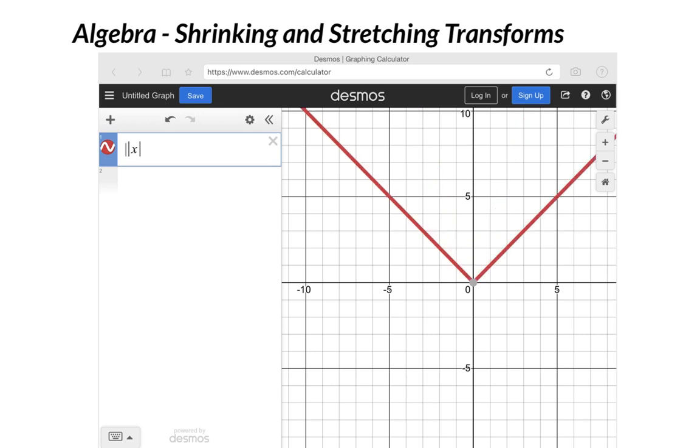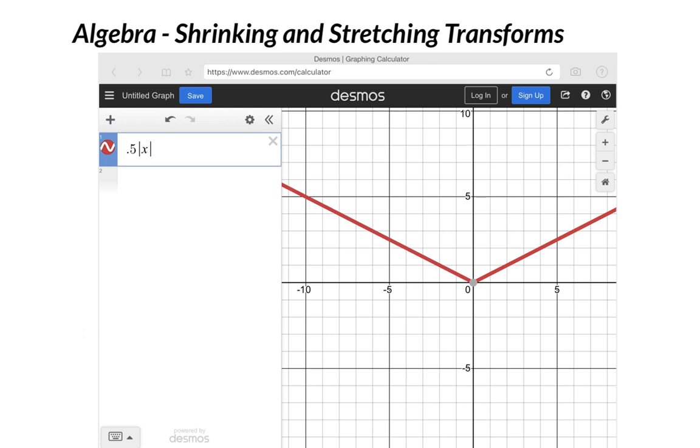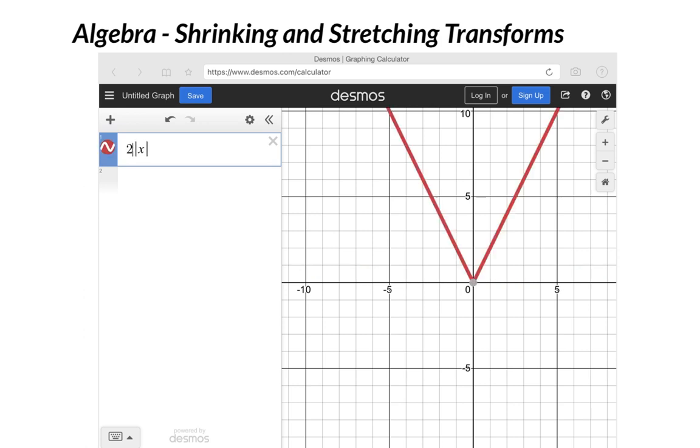If I were to do a decimal, let's put a 0.5, a 1/2, you'd see it gets stretched. It doesn't increase as quickly. And I could even do 0.1, see how stretched out it gets. If I did 2 versus 5, look how thin that thing gets.